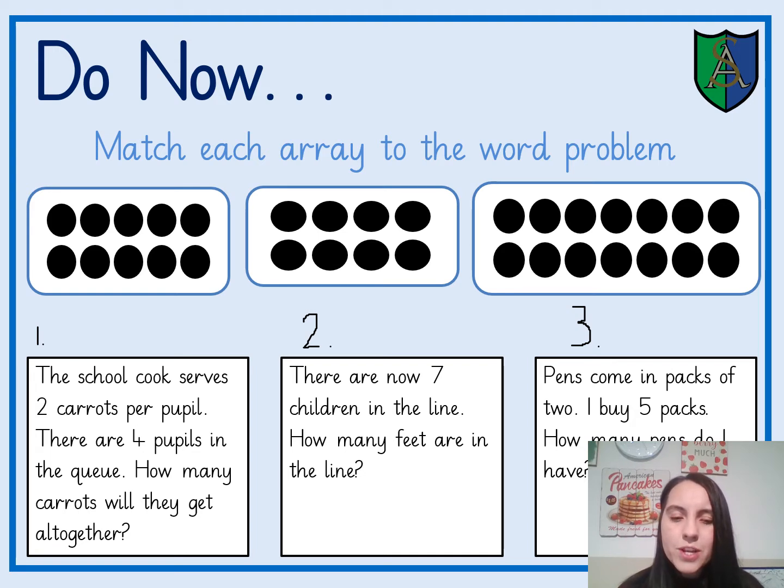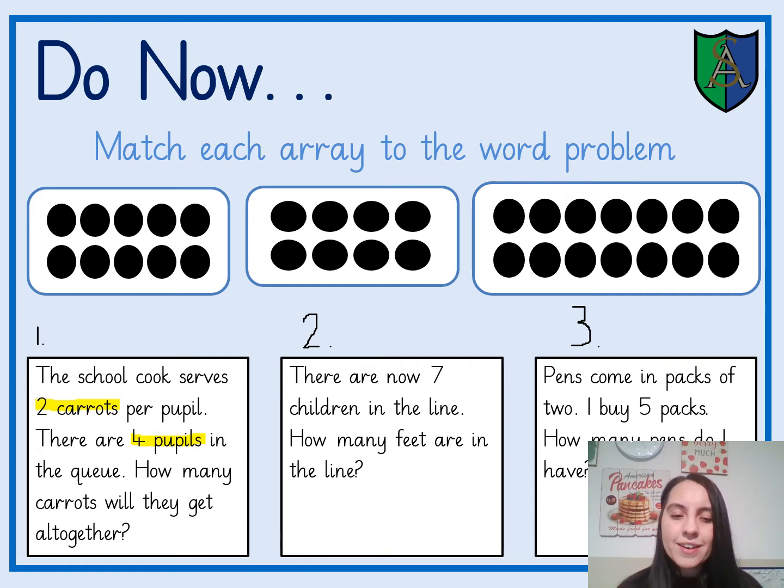Now what I'm going to do is highlight some key information there, because the first piece of information that I'm looking for is the 2 carrots. Okay, that's an important piece of information to help me find the answer. I'm also going to highlight 4 pupils because that's another important piece of mathematical information that I need to help me find my array.